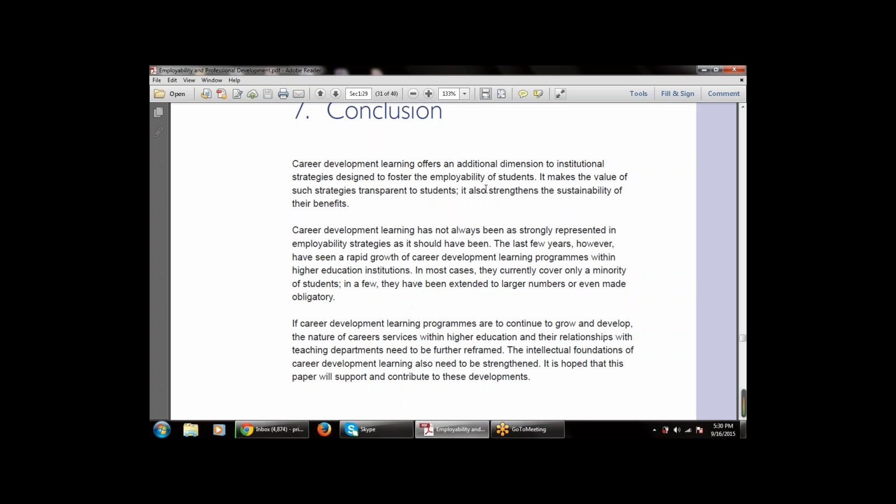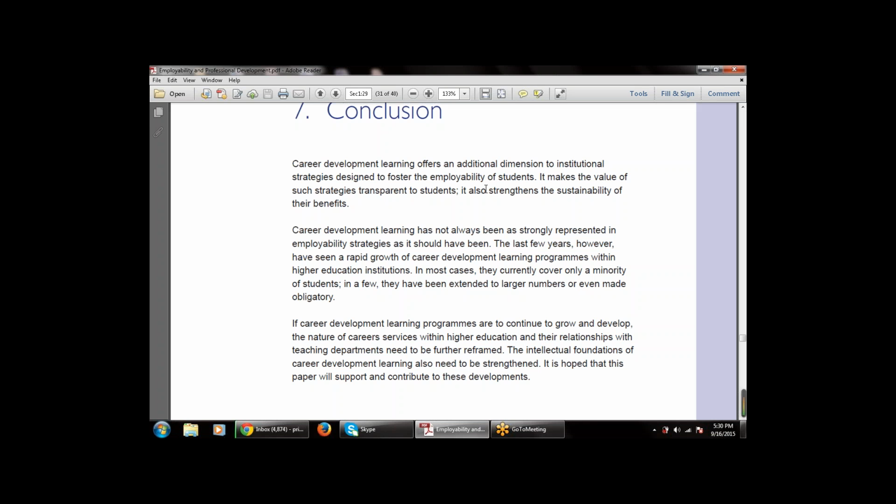Higher education institutions are providing career development learning programs, and in most cases they currently cover only a minority of the students. In a few, it has been extended to a large number or even made obligatory.